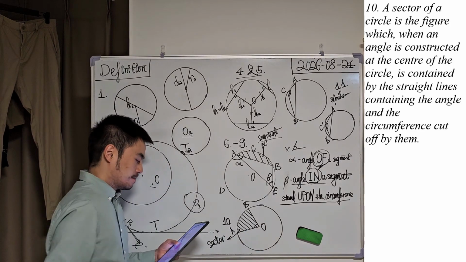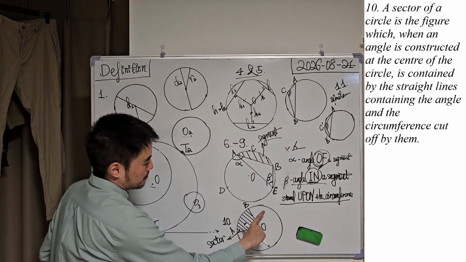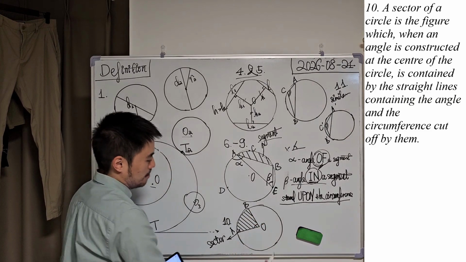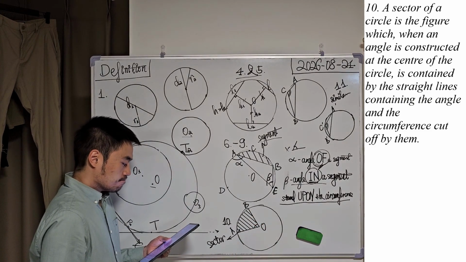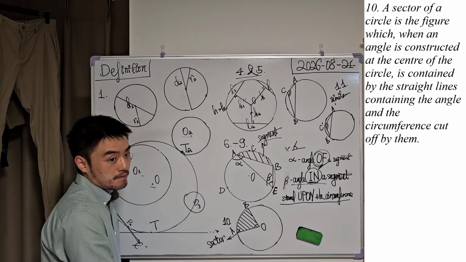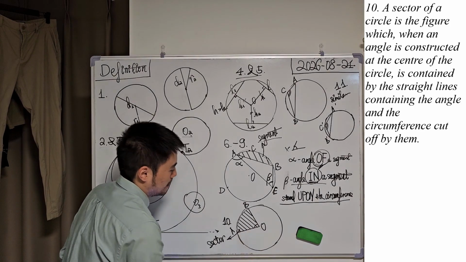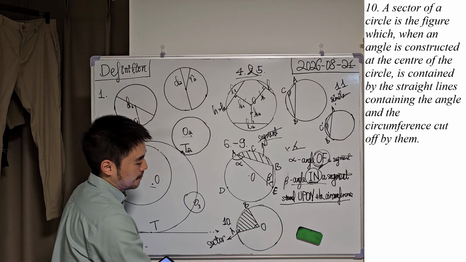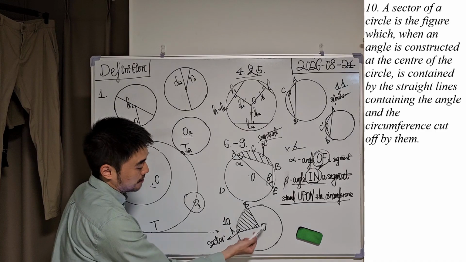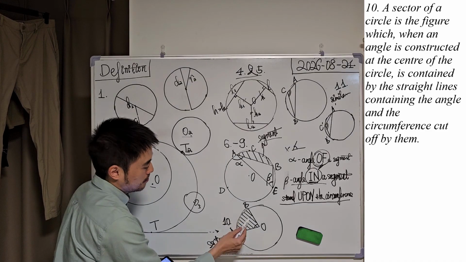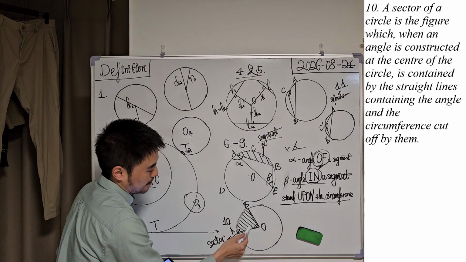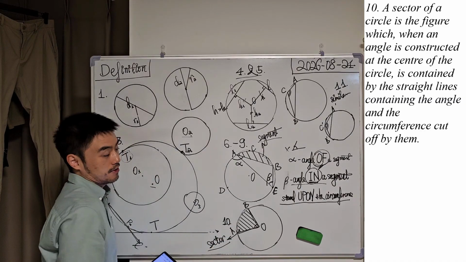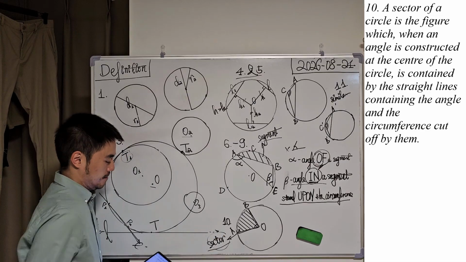This is the angle, and it cuts off the circumference AB, and the figure surrounded by the cutoff circumference AB and the rectilinear angle from the center of the circle is defined as the sector of a circle. Okay, so this is a sector.